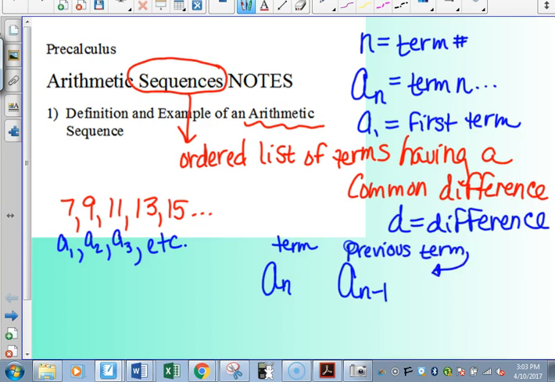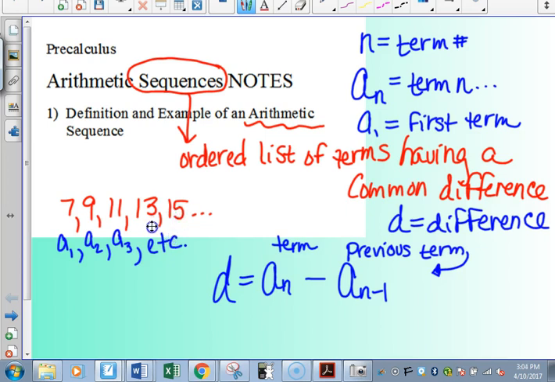A sub n minus 1 means the previous term. So a fancy definition for the difference of two terms is to take some term and subtract the previous term. That's really a bunch of notation right there, but it means to find the difference for this sequence up here, I take any term and I subtract the one before, and that'll tell me the difference.